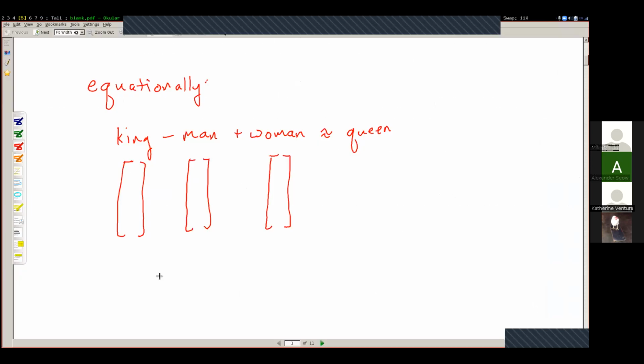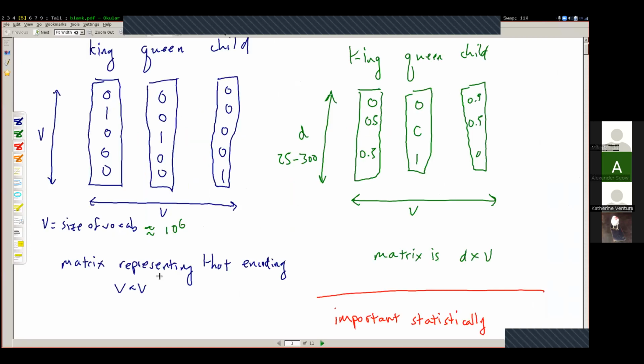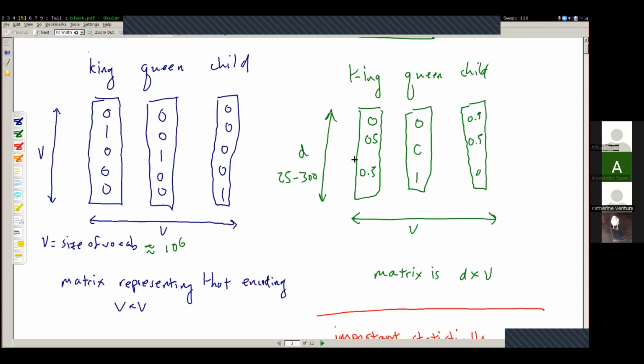This number right here is the distance between the word prince and the word king. If you were to get their word vectors, their actual vectors, and compute the Euclidean distance between those two vectors, that's what those numbers are.